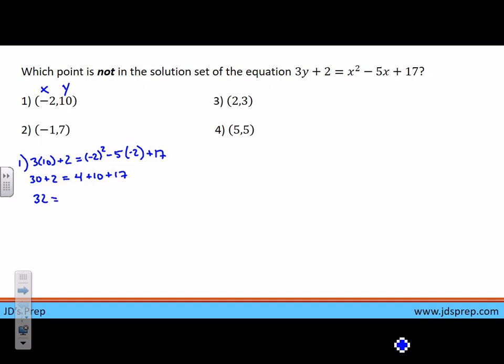And on the right side, 4 plus 10 is 14, plus 17 is 31. These two numbers are different, and so therefore the point -2, 10 is not in the solution set of the equation.